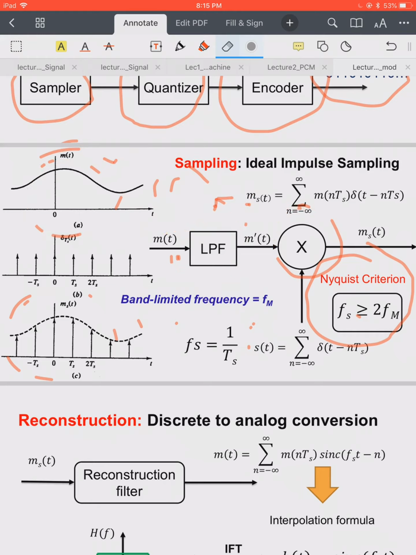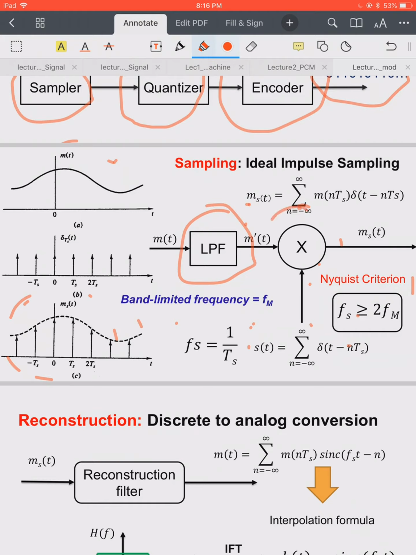Okay, so basically you need two things in the sampling system. One is this low pass filter, that is basically the anti-aliasing filter, because it prevents aliasing by making m(t) band limited to fs by 2.